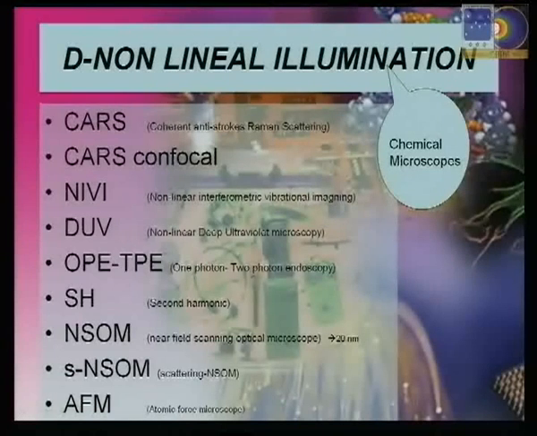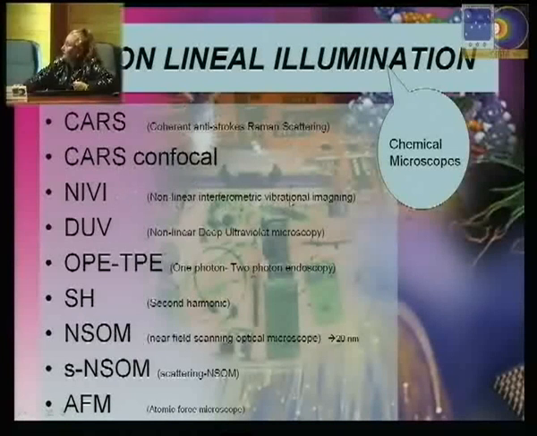Nonlinear illumination means that the incident light is not reflected, is different from the light that you receive, is non-linearly received. And you have the CARS, the coherent anti-Stokes Raman scattering, CARS confocal, nonlinear interferometric vibrational imaging.